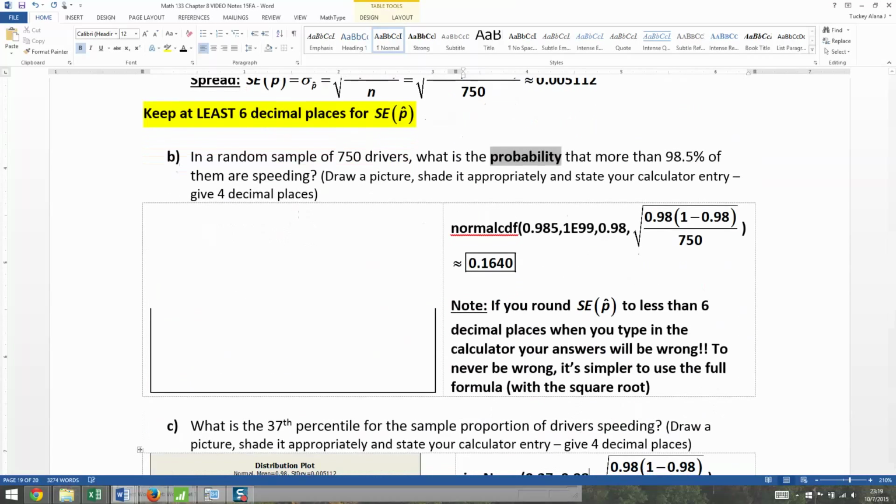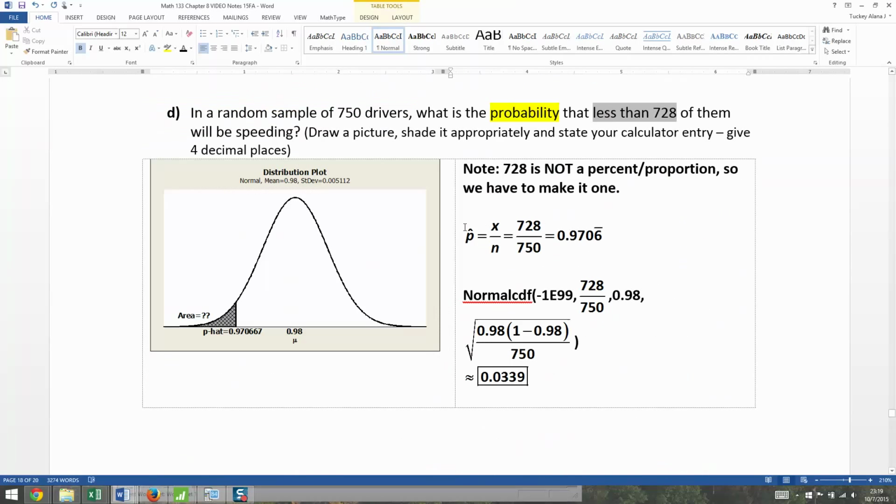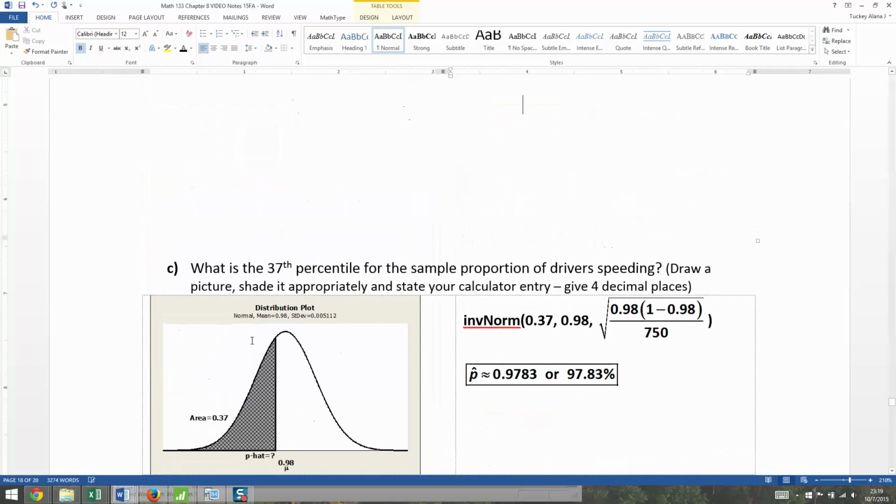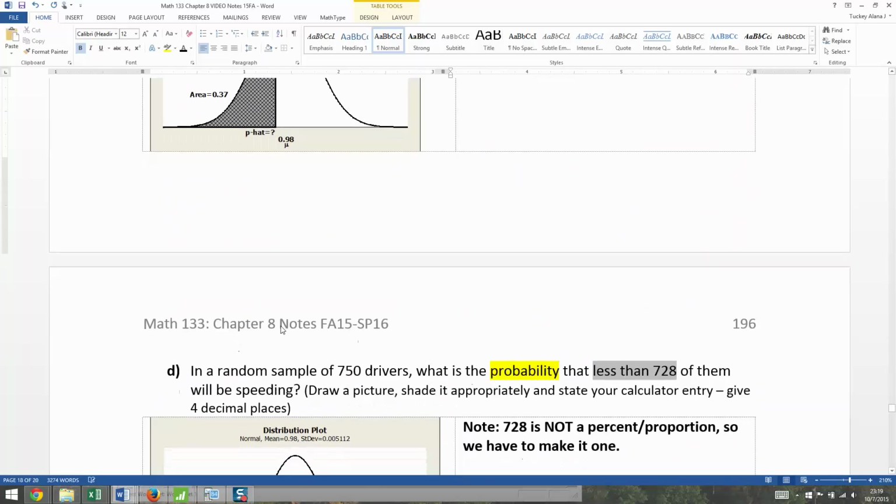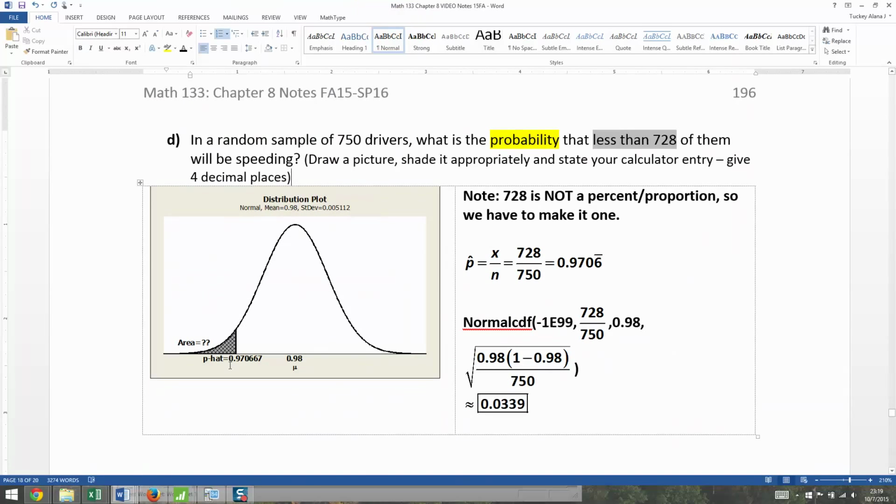Normal CDF from negative 1E99 because it's a less than problem. So we've shaded to the left here, 0.9706 repeating, shade to the left of it, and now we need to find that area.